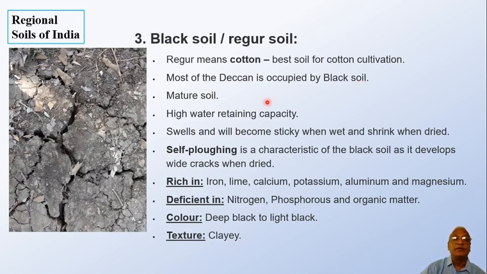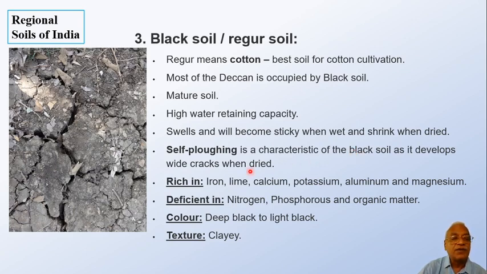Most of the Deccan is occupied by black soils. It is a mature soil with a tremendously high water retaining capacity, and because of that it is good for cultivation. It swells and becomes sticky when wet and shrinks when dried.